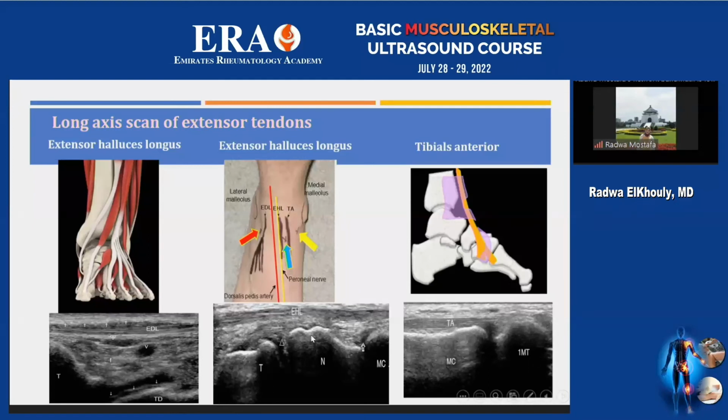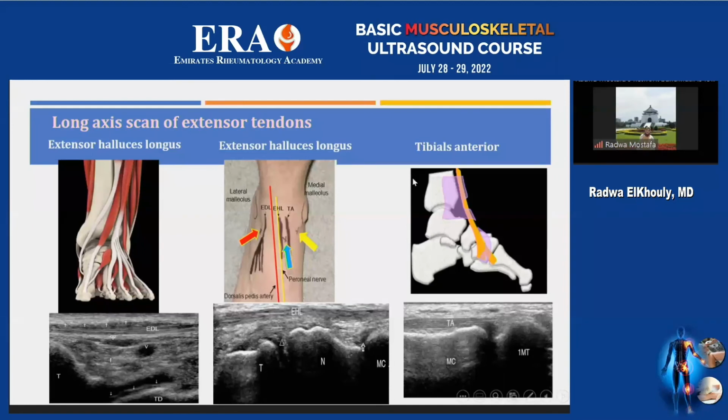This is, as we say, talus, navicular, and cuneiform. Going slightly more lateral to the next tendon, if we don't know which tendon it is, we can ask the patient to extend the big toe or the other toes to show which tendon we are on.